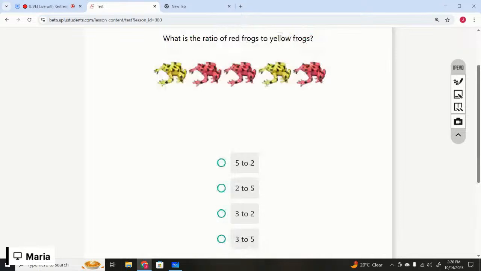What is the ratio of the red frogs to... That is 3 to 2.